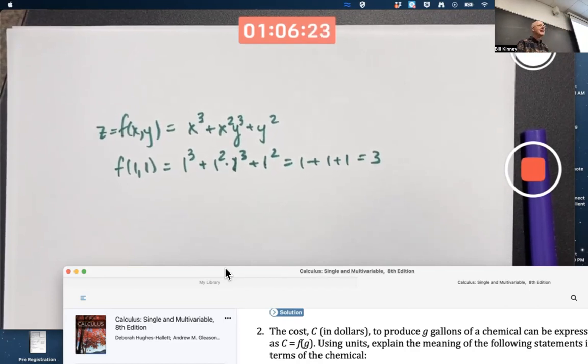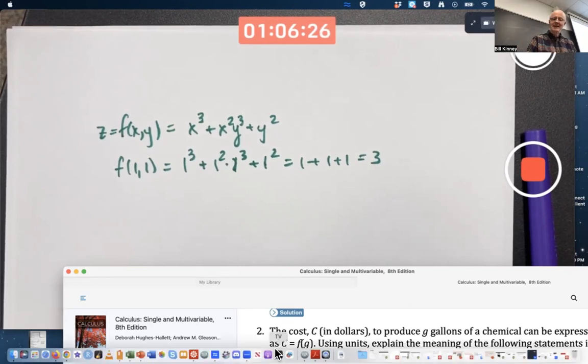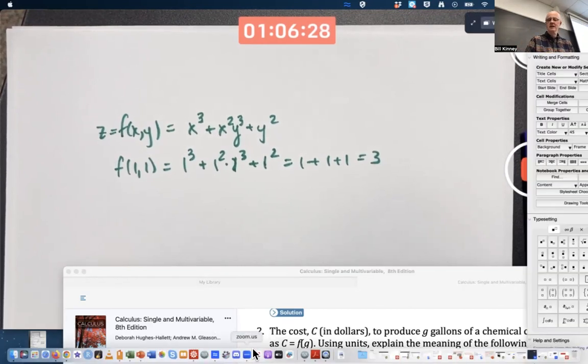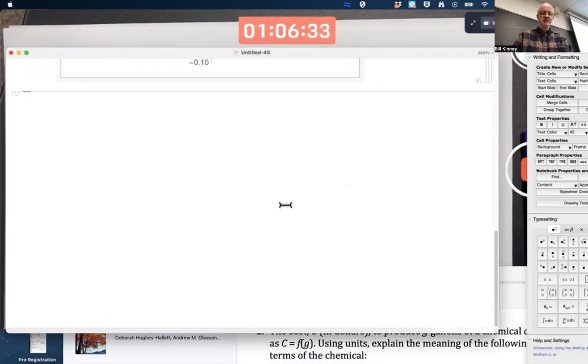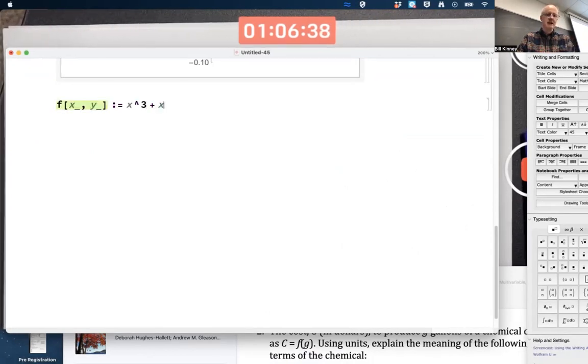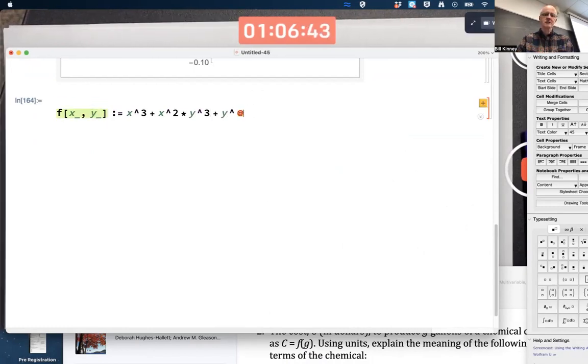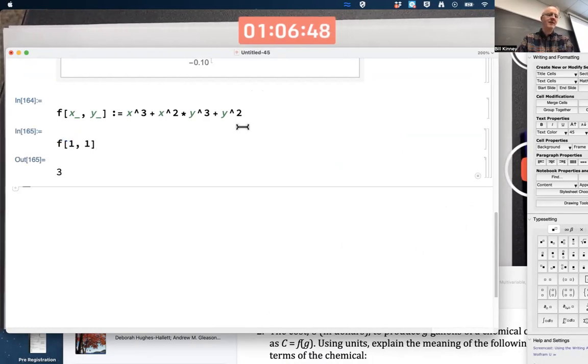You should also understand, though not necessarily draw, because it would be too hard, that the equation f of x,y equals 3 can be plotted in Mathematica or other things.